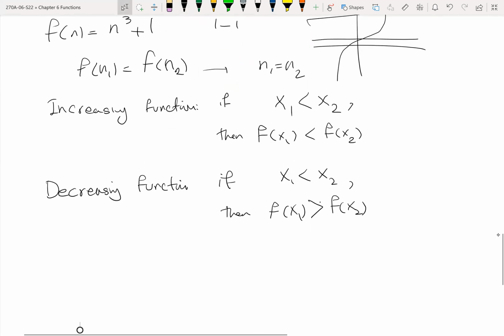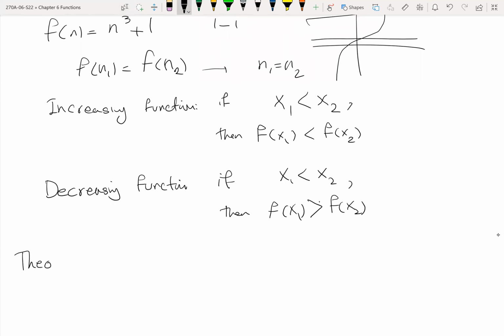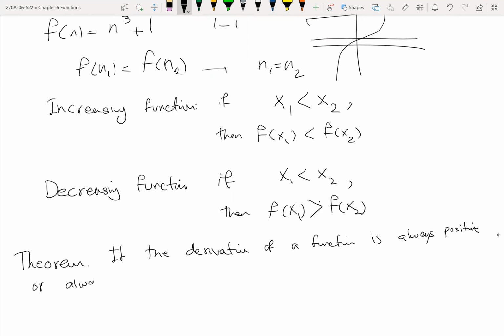And then, I can't call it a definition. Basically, what you're trying to say is a theorem. The theorem says if the derivative of a function is always positive or always negative, then the function is one-to-one.